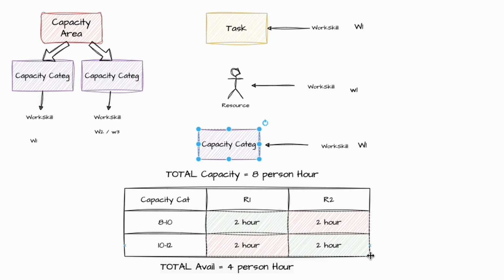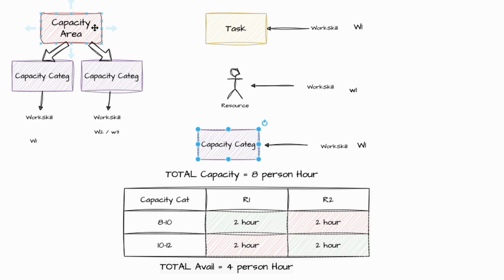In the booking status table, it will show the capacity area Canada with its capacity categories, and for each capacity category it will show the available capacity. It will also show the overall available capacity for this capacity area, this region. So capacity category is based on work skill.